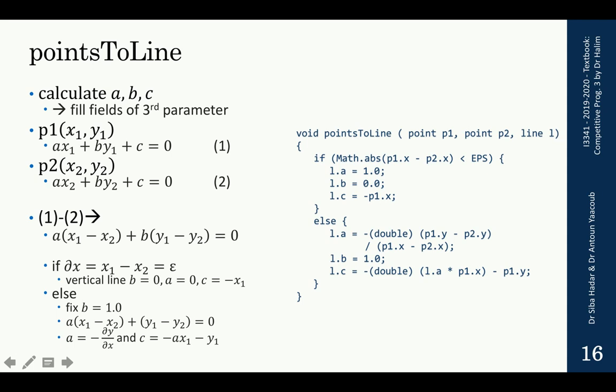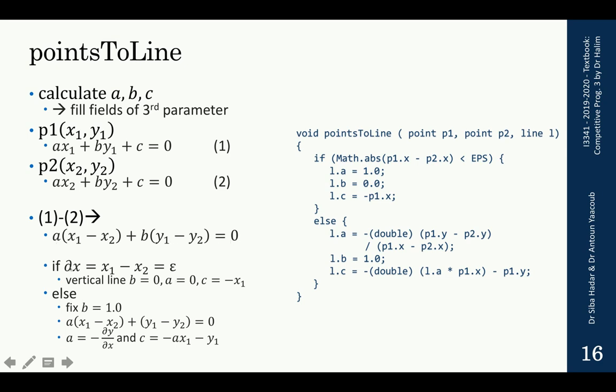So, having 2 points P1 and P2 of respective coordinates x1, y1, x2, y2, we have to deduce the formula ax plus by plus c equals 0. So we do a simple mathematical operation, equation 1 minus equation 2. We eliminate the parameter c, and we obtain a delta x plus b delta y equals 0.